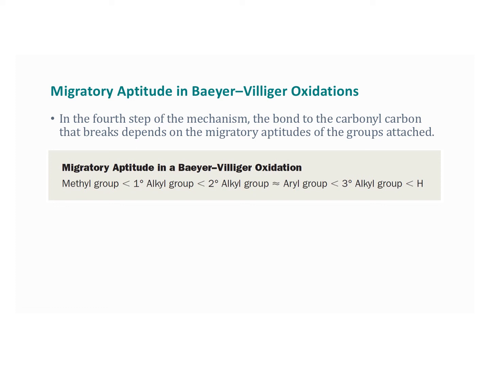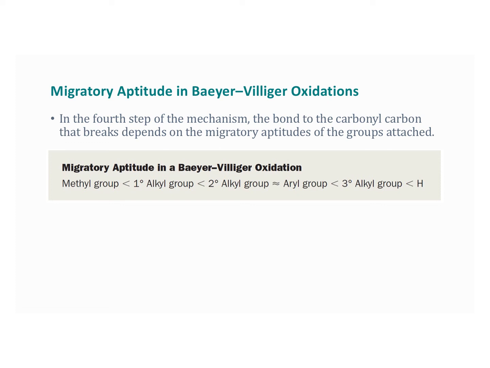What we find is that the methyl group is here. Then we have the primary, the secondary, the aryl, the alkyl, and then the hydrogen here, where this is kind of the best and that's the worst.